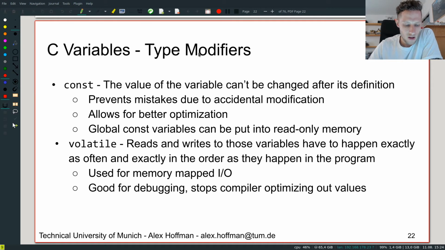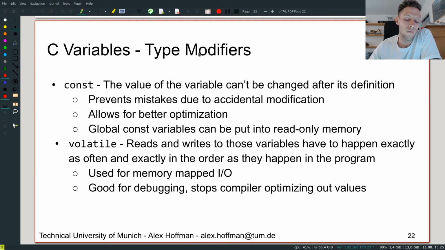There are also the two type modifiers, which tell us a bit more information about various properties of the variable. I mentioned before, talking about this constant string, how it'll end up in read-only memory. We can also use the const type modifier keyword.